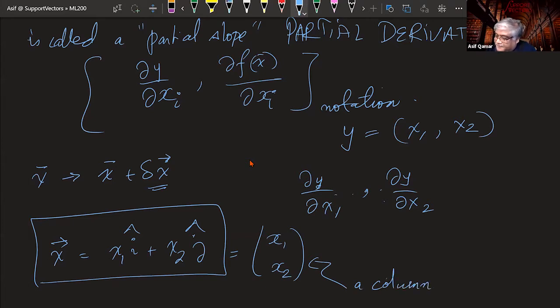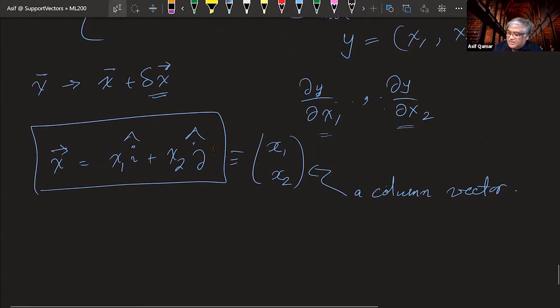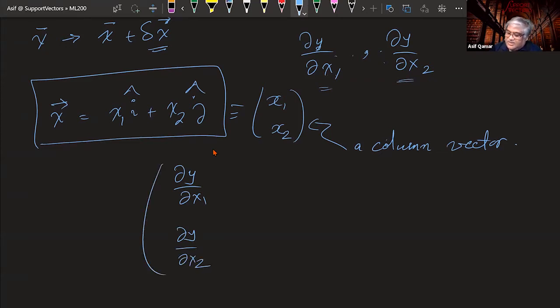It is absolutely equivalent, just a different language in which we write it. So x is a vector. Now when you take partial derivatives with respect to each of the x's, we can ask, what is this column vector, dy/dx1 and dy/dx2, which is the same as dy/dx1 i plus dy/dx2 j?